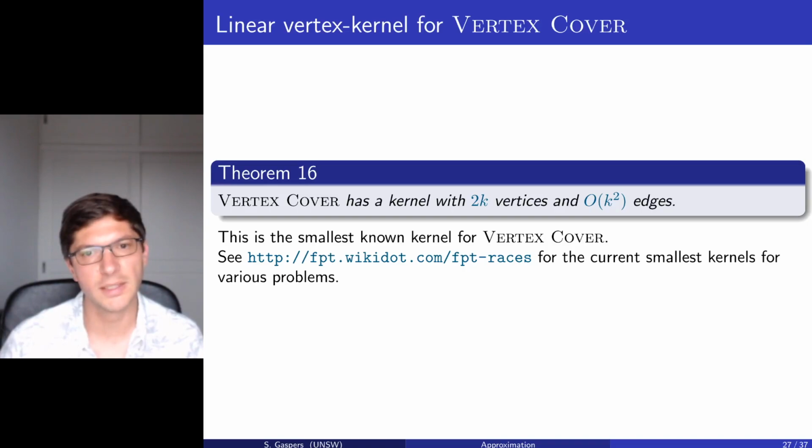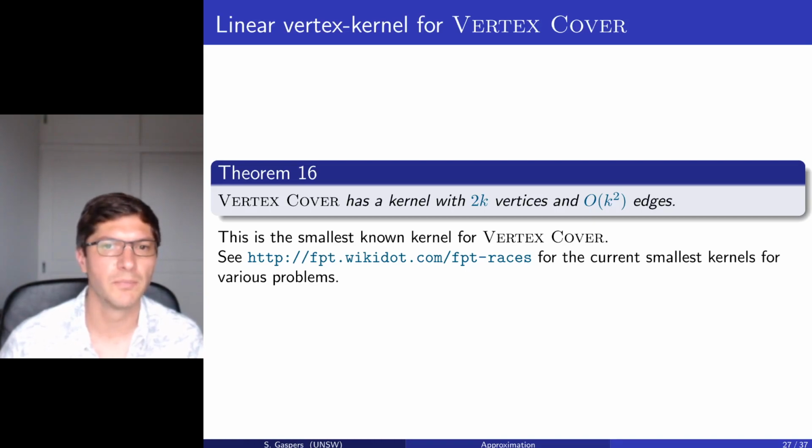So we haven't really decreased the size of the kernel by a significant margin, but we managed to decrease the number of vertices. And this is the smallest known kernel for vertex cover. There's a link here that gives the current smallest kernels for various problems.